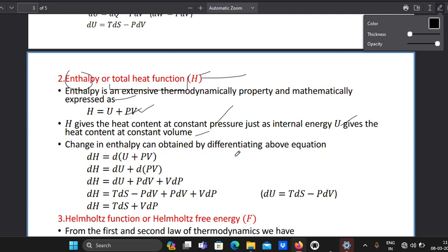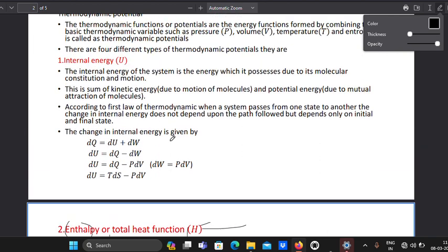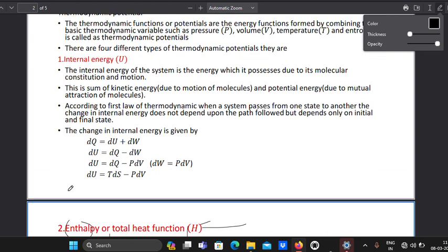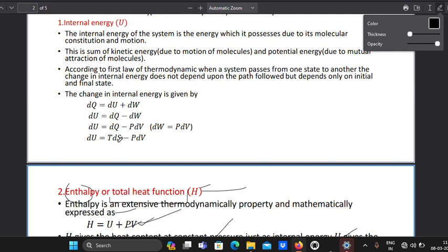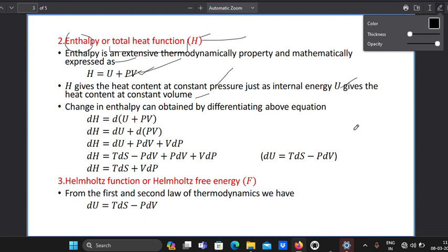The change in enthalpy can be obtained by differentiating the above equation. The whole aim is that if you want to explain internal energy or enthalpy, you should finally write their changes. The internal energy change is already written, so now we write the enthalpy change. Differentiating both sides, dH = dU + d(PV) = dU + PdV + VdP.